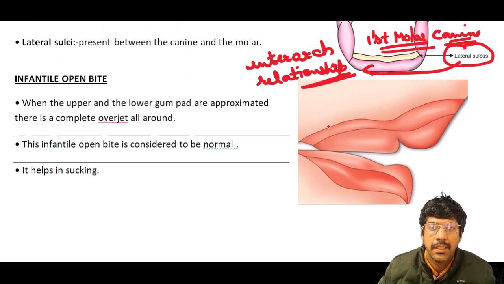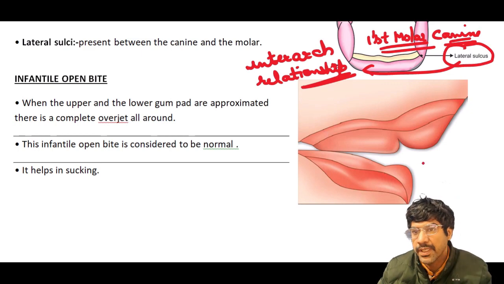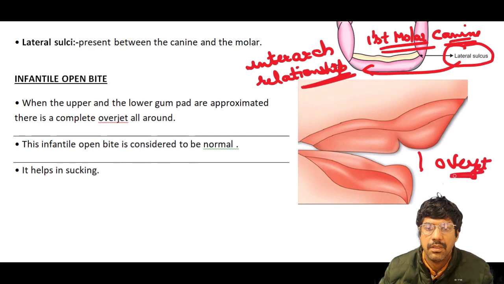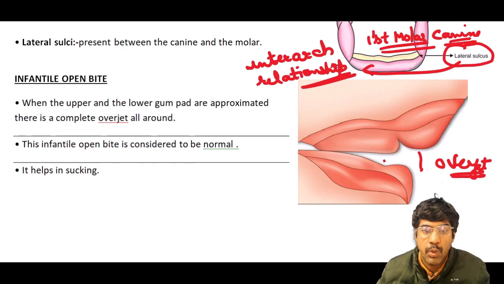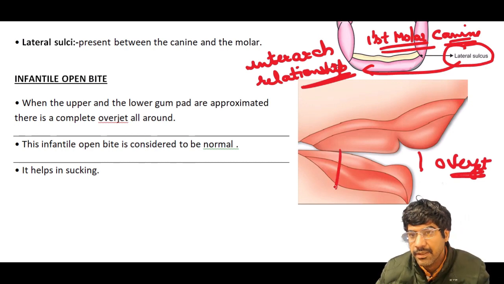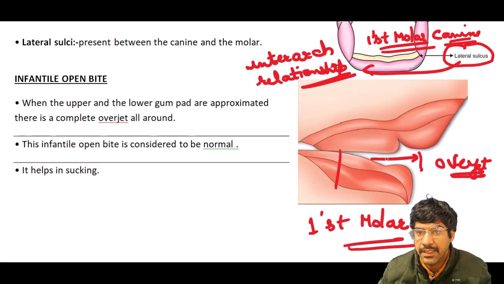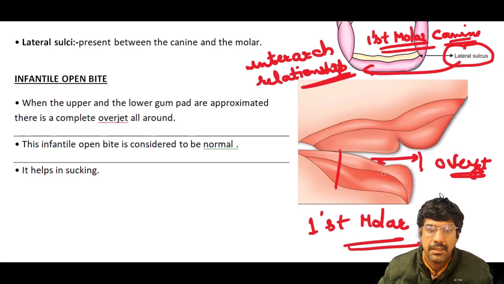When the upper and lower gum pads meet, they create a complete overjet around the mouth. Contact occurs between the upper and lower gum pads in the first molar region, and a space occurs in the anterior region.